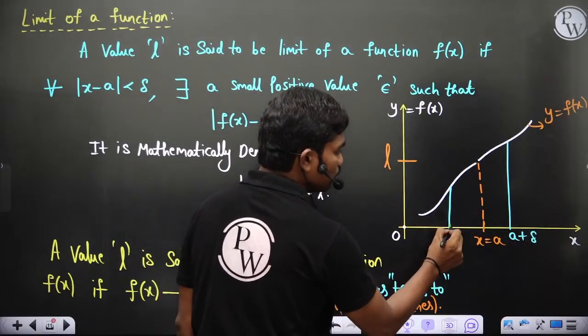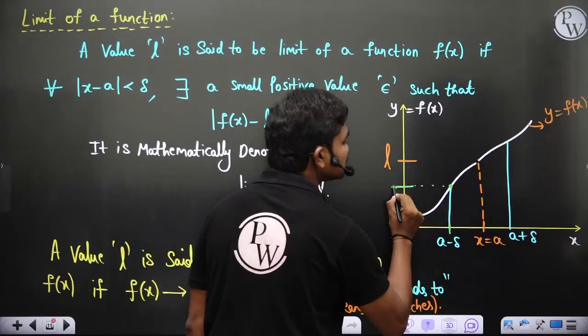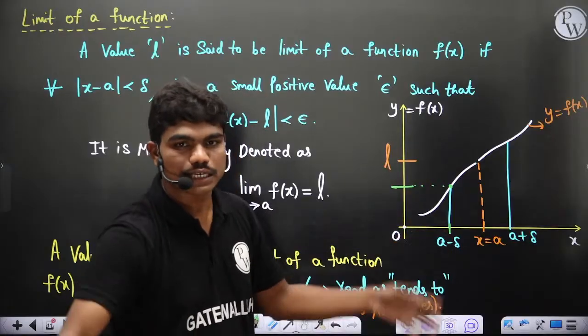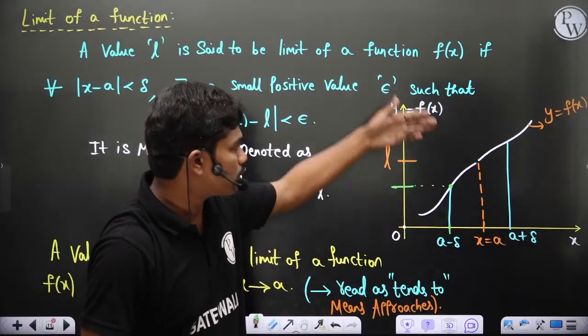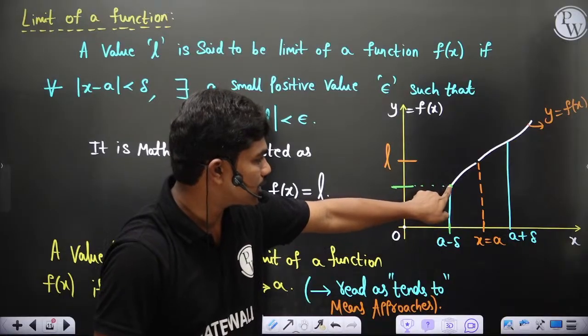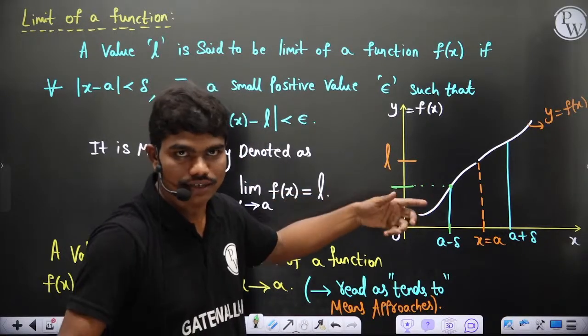At this value, if you go to this function and cut across to the y-axis, you'll get the function value at this value of x, correct? That's what the graph is, of course. It is plotted as x versus f of x. So you take any x, go up and strike the graph, and then take a horizontal and look at the point of intersection with the y-axis, that's the functional value.